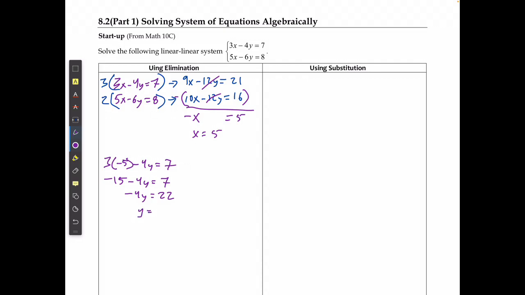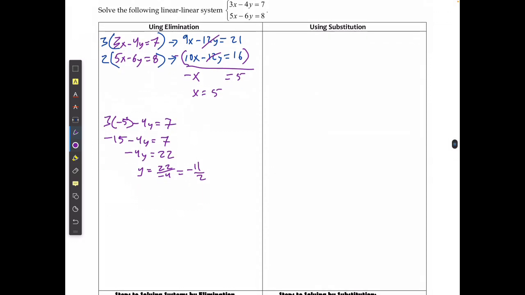And y is going to equal 22 over negative 4, or negative 11 over 2. This is going to give me a solution of negative 5 and negative 11 over 2. Remembering that the solutions are always going to be in the form of sets of coordinates.